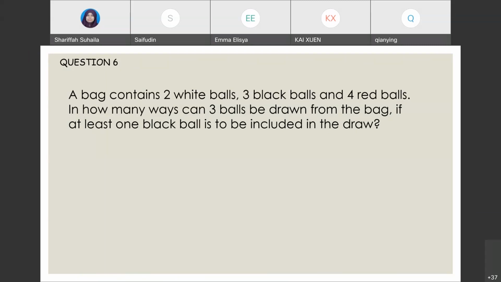Okay, kita ada 2 white, 3 black, 4 red. Kita nak pilih 3. So at least 1 black ball. Sekurang-kurangnya 1. So dia pun sama jugalah. Ini bukan nak cari probability, so ini just nak cari how many ways saja.